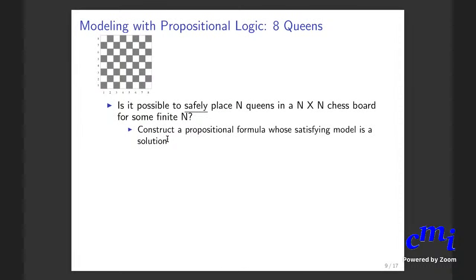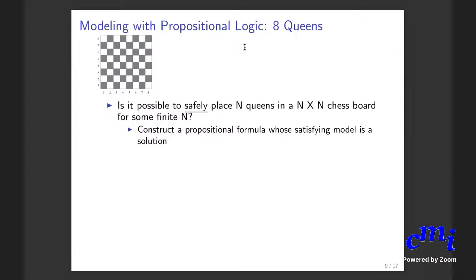More specifically, modeling a solution to this problem using propositional logic means constructing a propositional formula whose satisfying model is a possible solution to this 8 queens problem. So that's what you're being asked to do.